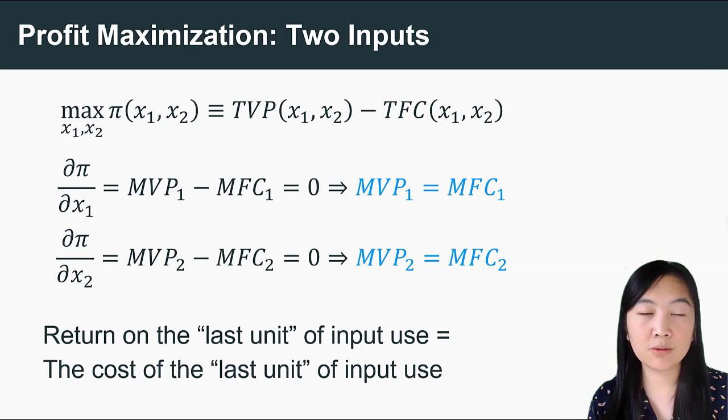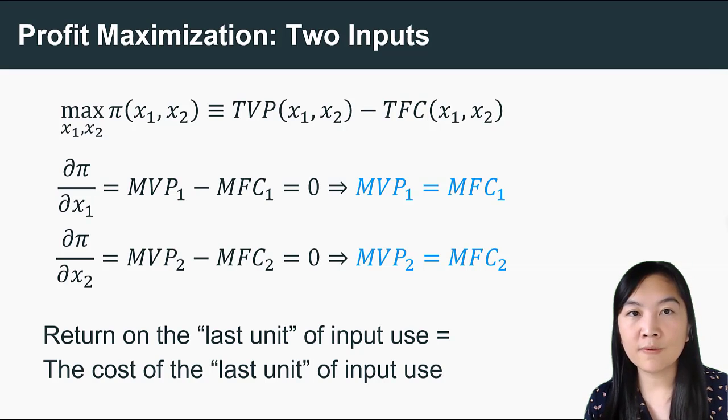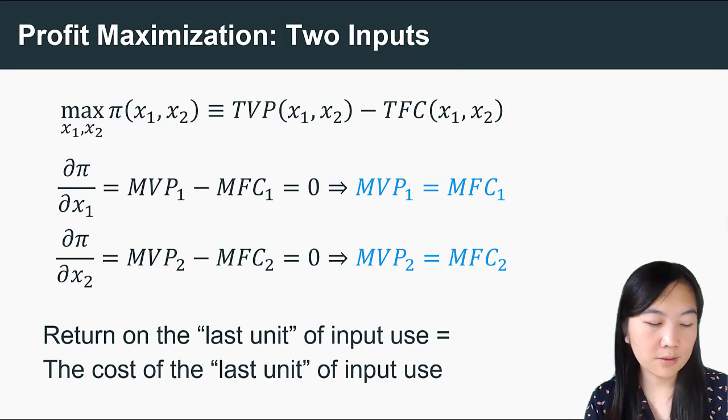However, for the two input case, I only ask you to use the first order condition, which is setting the partial derivative of the objective function, which is profit, with respect to the choice variables to zero.